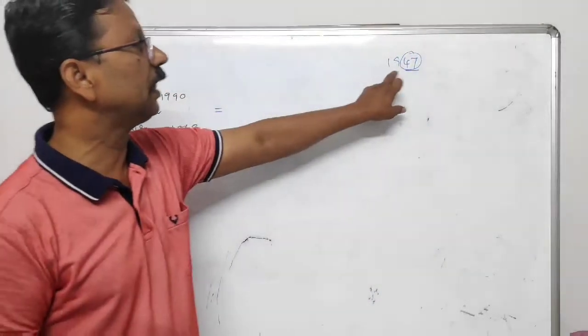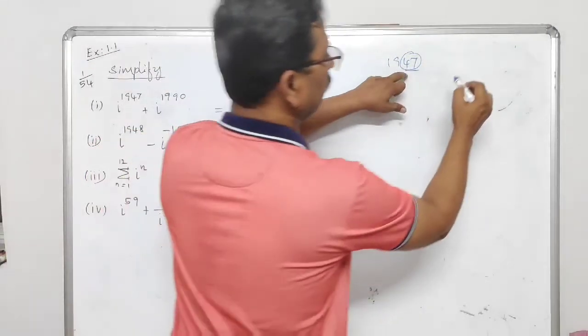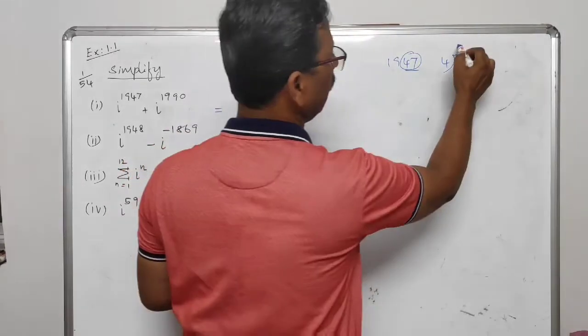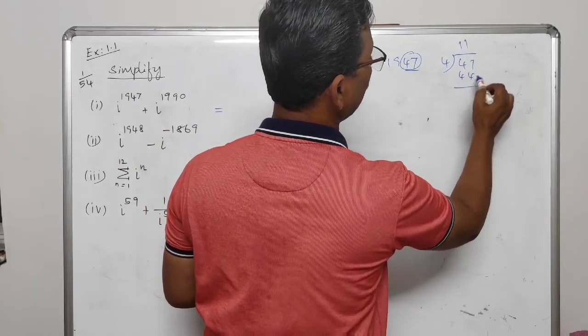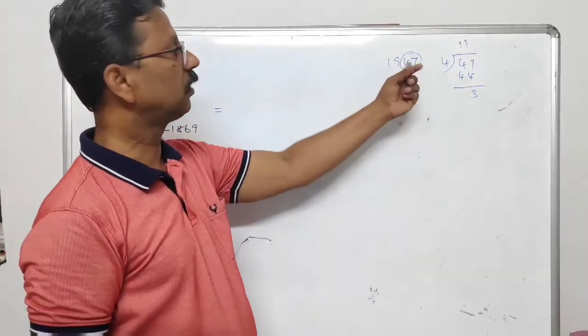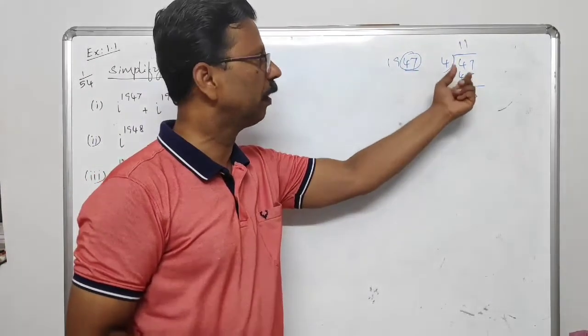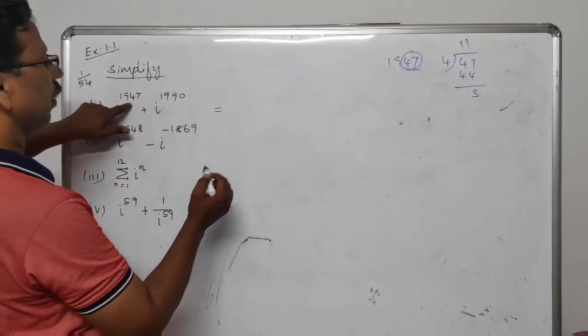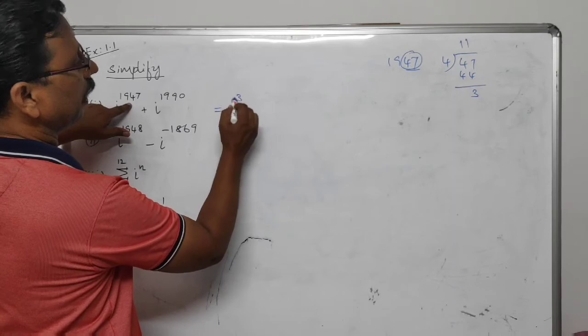You need not divide 1947, just take 47 and divide it by 4: 11 times 4 is 44, then the remainder is 3. Therefore, i power 1947 can be written as i cube.